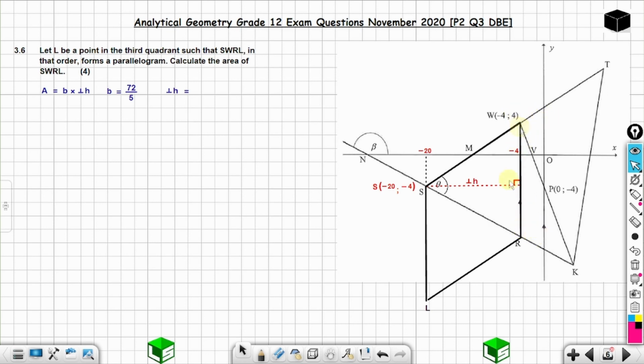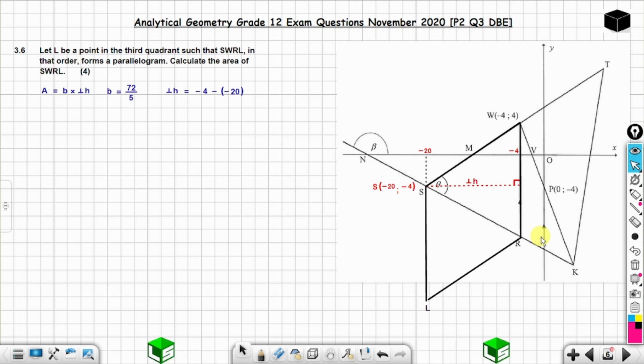Okay, so when it is horizontal, you are going to start from the right minus what you have on the left. From the right, you have -4 minus what you have on the left. Always, if it is a vertical distance, you are going to take your y values from top minus what you have at the bottom.